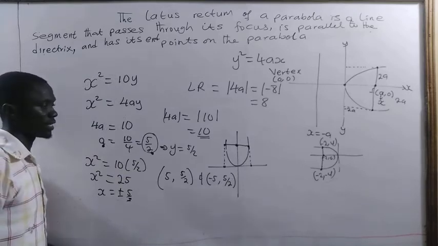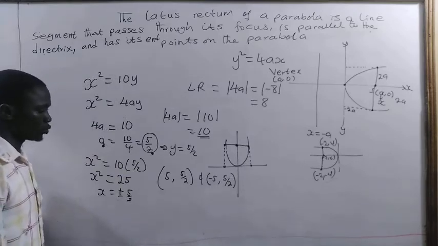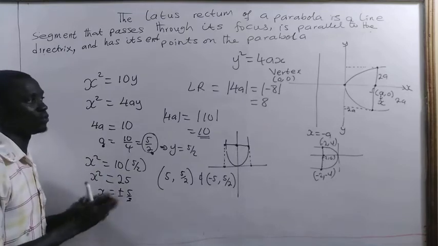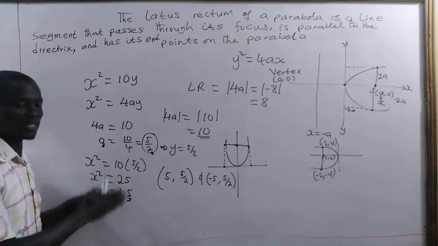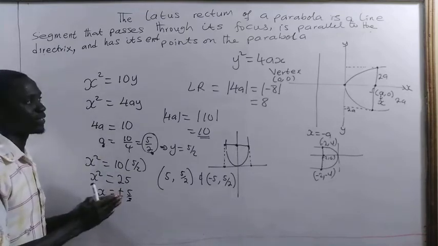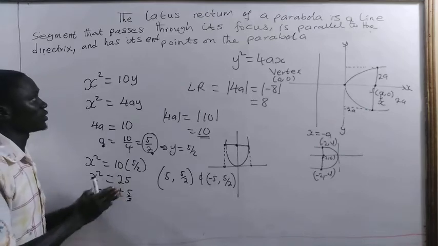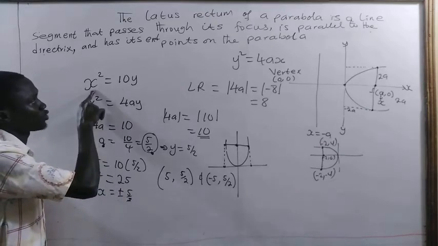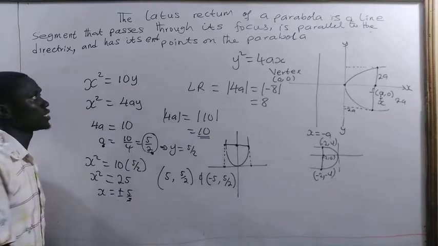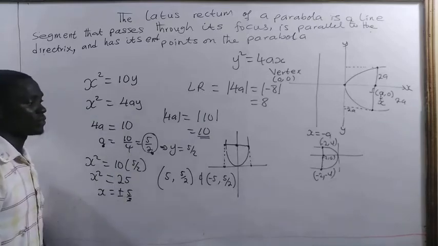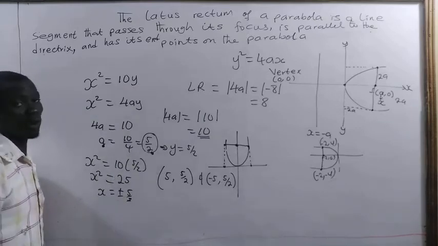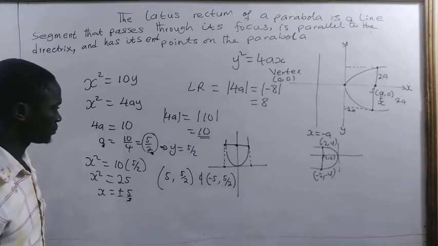Very, very simple as that. You should take note of this very well. Here we used x squared equal to 10y. I'm going to use x squared equal to negative something y, and then we are done with that.